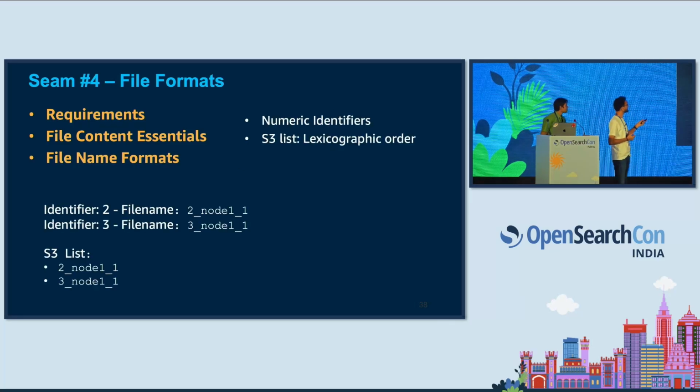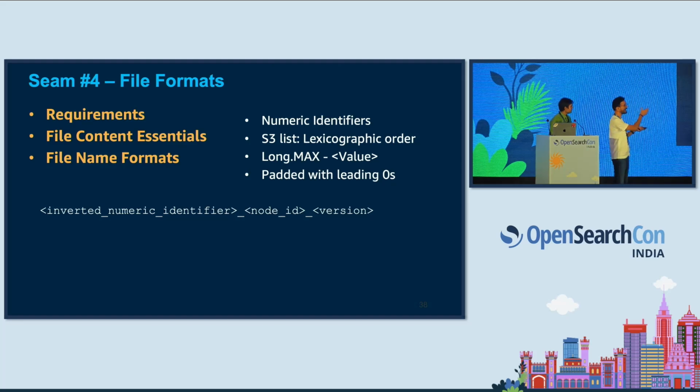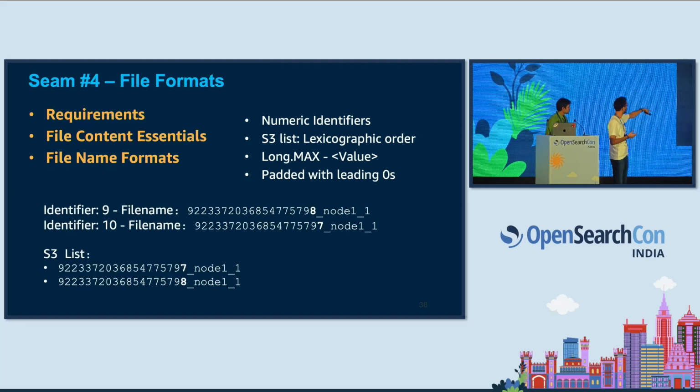The file name format is something that I was talking about. If we take the S3 example here, it will always list in lexicographic order. So what we did is change the name or the identifier to an inverted value, which is long max minus value, and we padded it with leading 0s so that we will always get the latest file at the top.